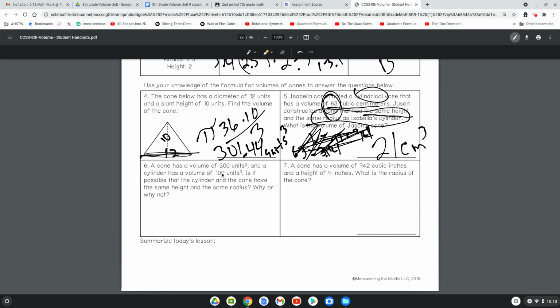So at first you might think, oh yeah, because this is 1/3 of it, or this is timesing it by 3. But the cylinder should be bigger than the cone if they have the same height and radius. So they are trying to trick you there, but no, it would not work.